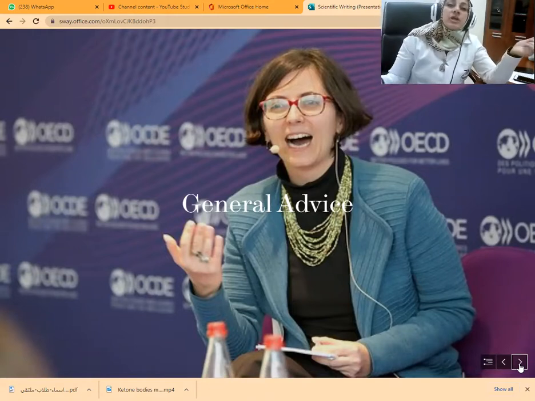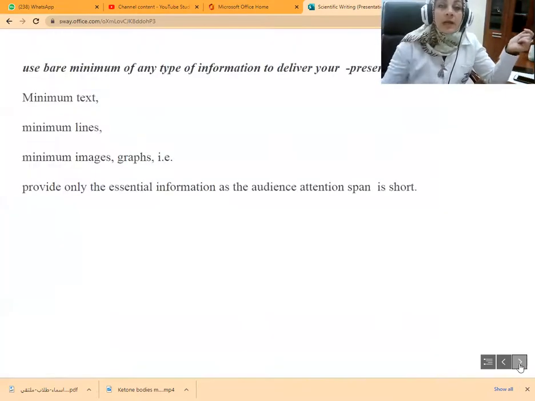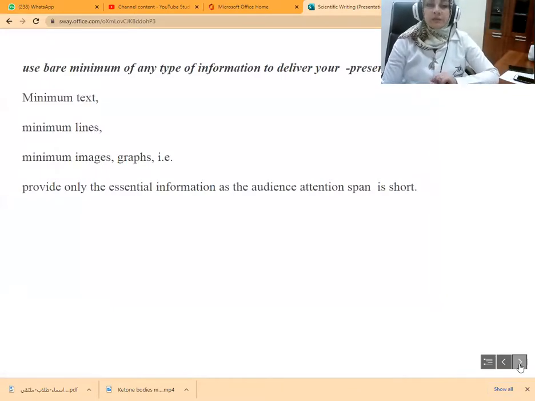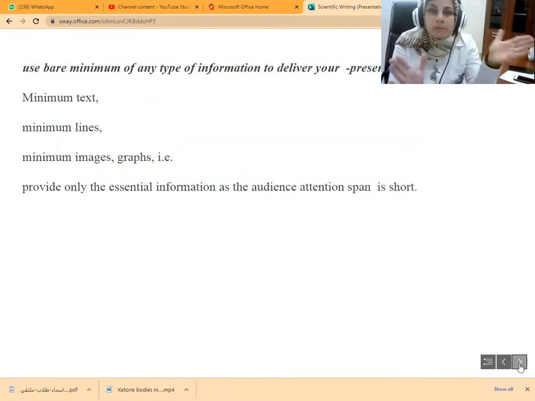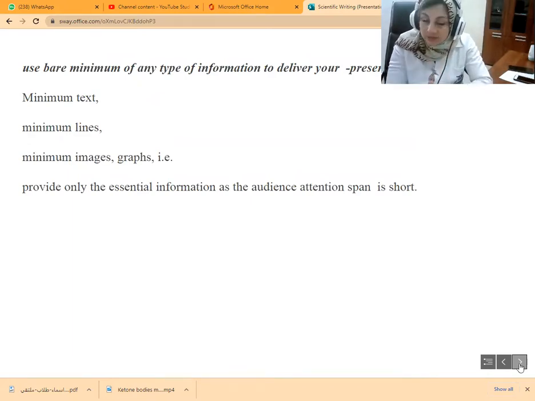Let's go back in general to some general advice on how to present effectively. Number one, agreed, use bare minimum text, minimum lines, minimum images. I know they say that images are important, but take care or put only important images in your presentation.